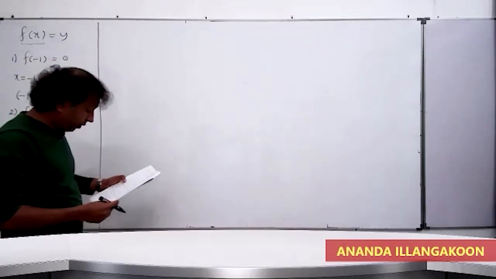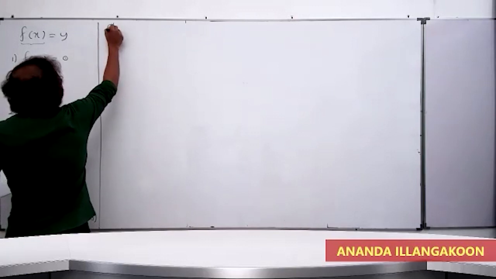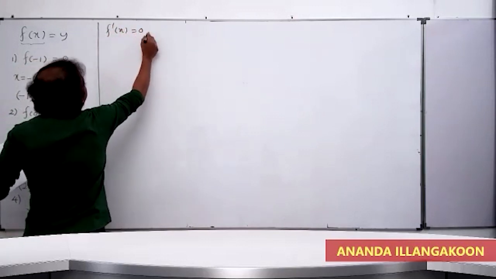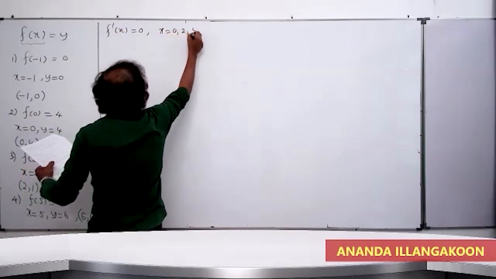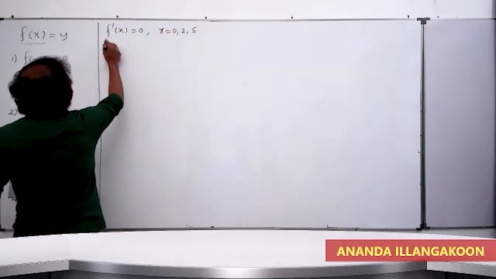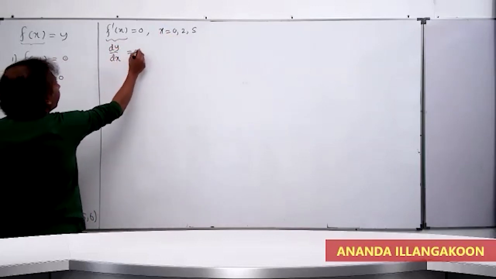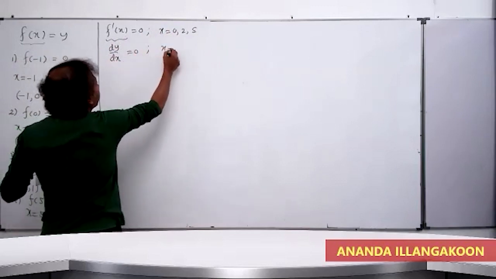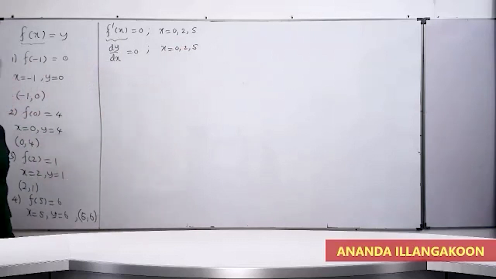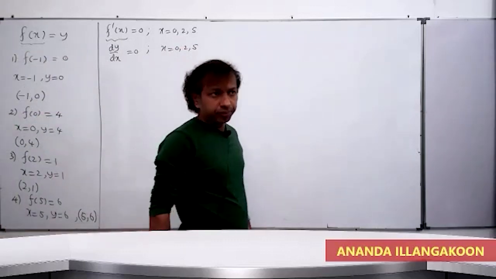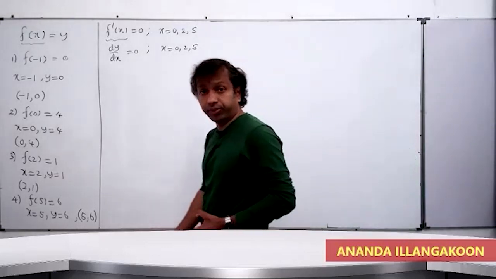What's the next one? f dash of x is 0 only at x equals 0, 2 and 5. People, f dash of x is 0 means what? dy by dx is 0 at x equals 0, 2 and 5. f dash of x is dy by dx.